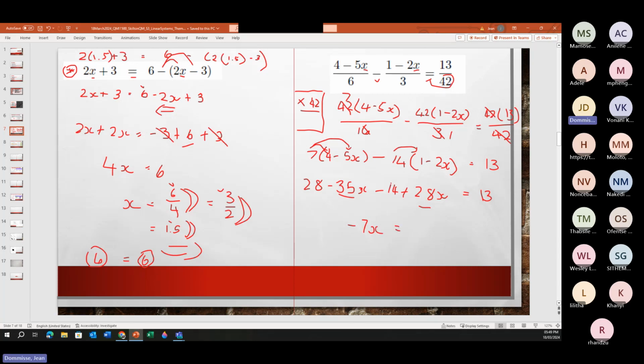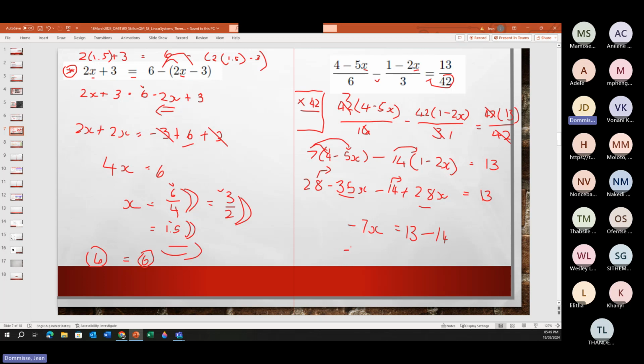And now we take all the whole numbers to the right-hand side. So first, 28 minus 14 is 14. If we take it to the other side, it becomes minus 14.